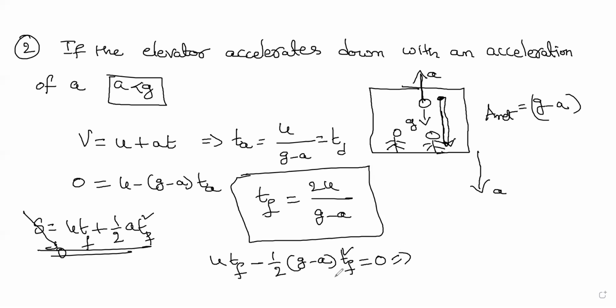Now taking TF common, U minus half into (G minus A) times TF is equal to 0. So directly you will get TF as 2U by G minus A.